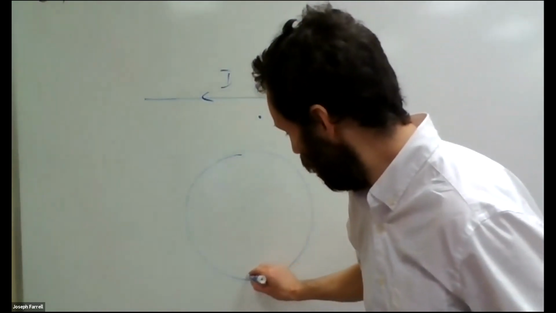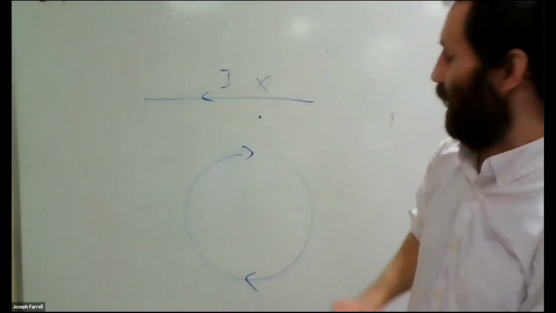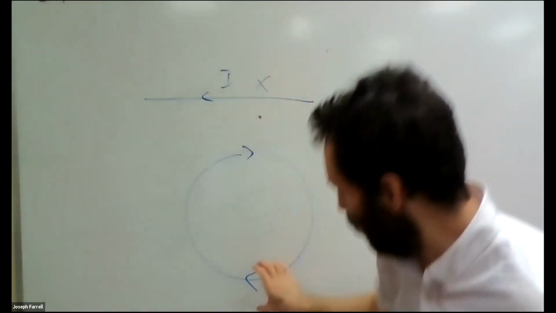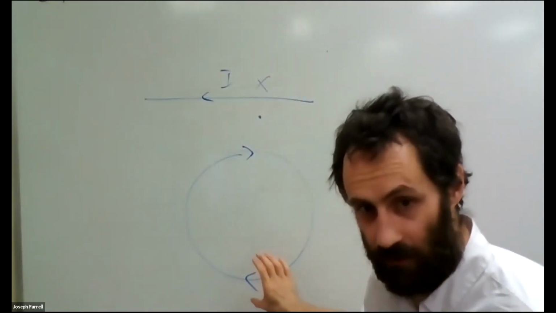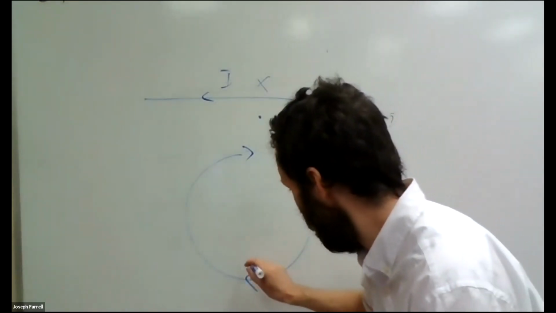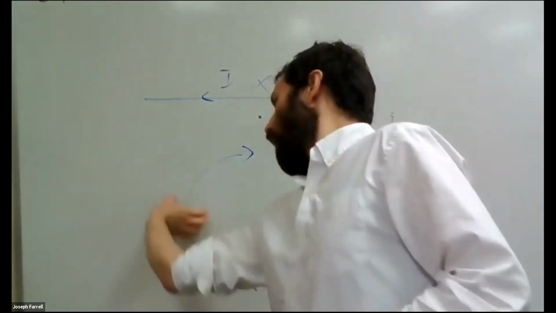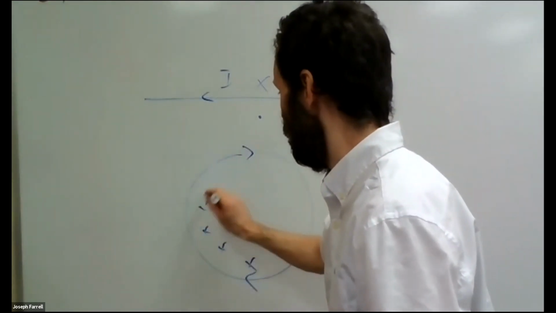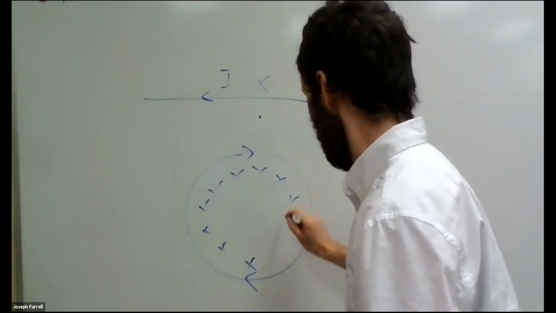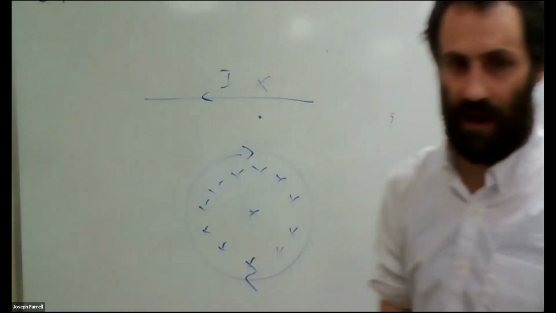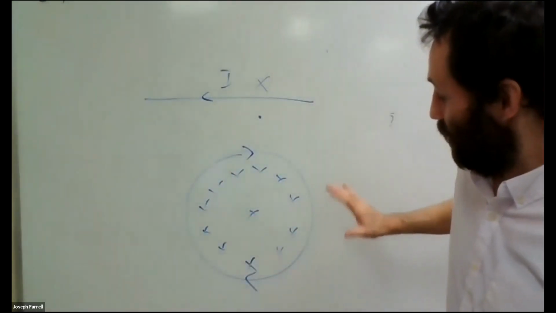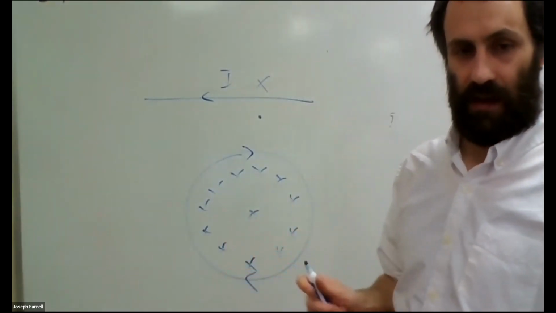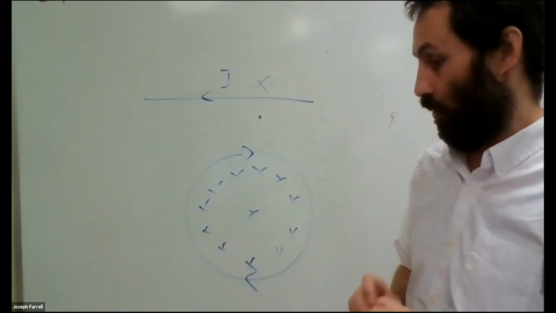Well, a circle is kind of like a line, if you zoom in or zoom out. So if I can do this here, I can also do that there. If I grab here, that's telling me my magnetic field's in. And if I go all the way around, I get the same answer. It's in everywhere. That's how you can think about the magnetic fields from a current loop.